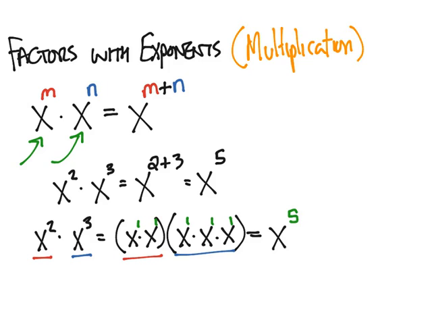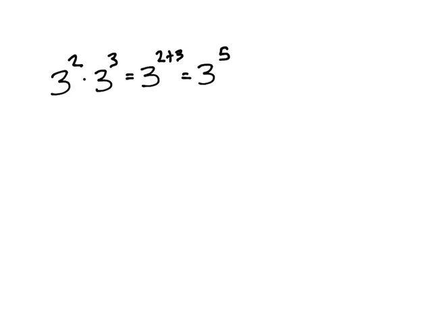So let's look at a couple more examples. Three to the second times 3 to the third would be 3 to the 2 plus 3, or 3 to the fifth power. To check our work, we can use a calculator to show that 3 to the fifth power is 243.